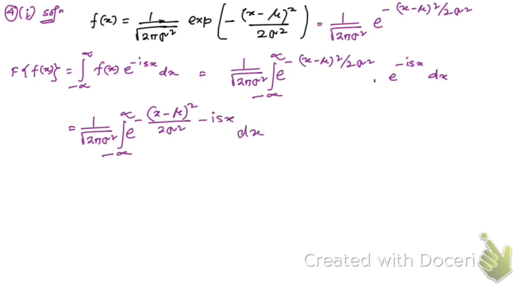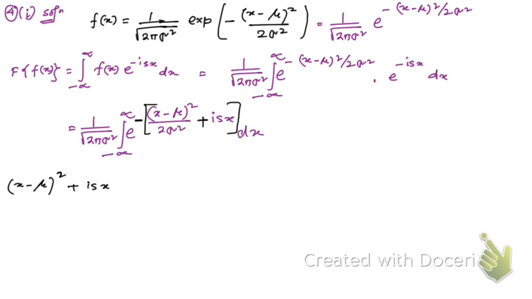That's what we have got. Now if you take this minus common, then this minus sign becomes positive. Then let us simplify this part: (x minus mu) whole square and plus isx.